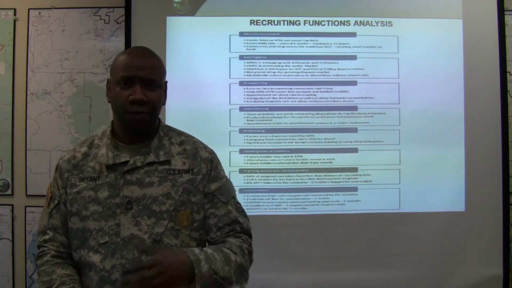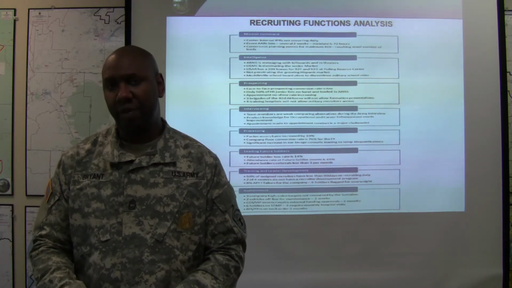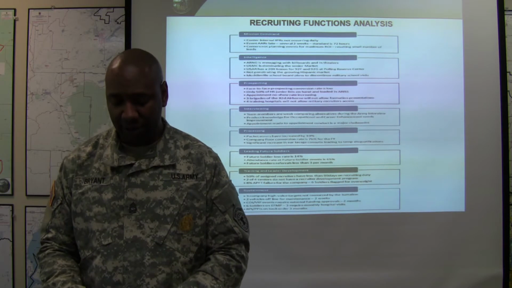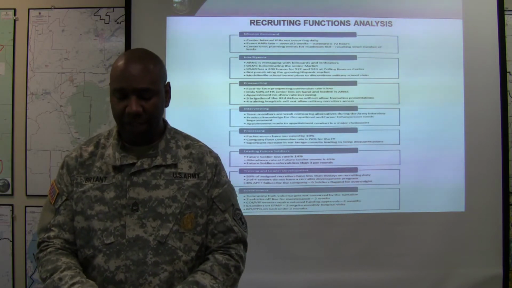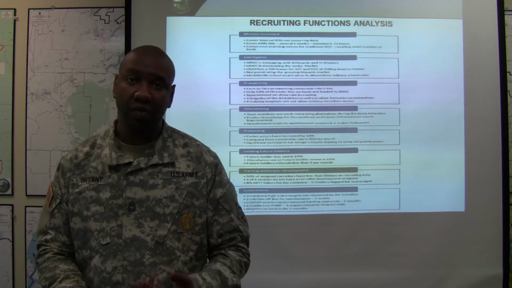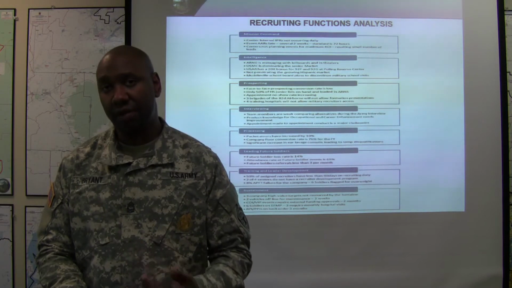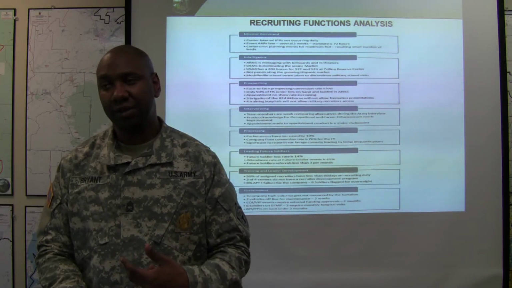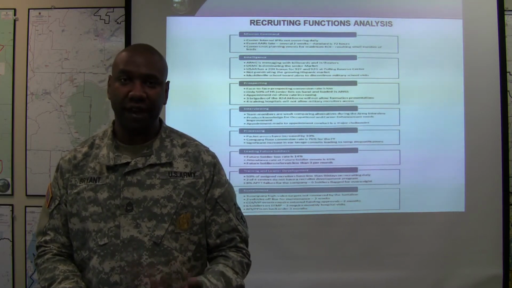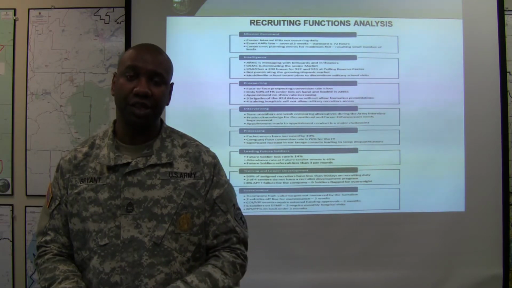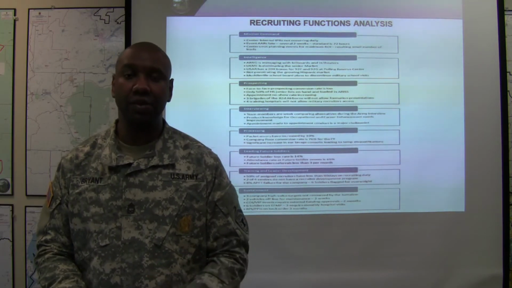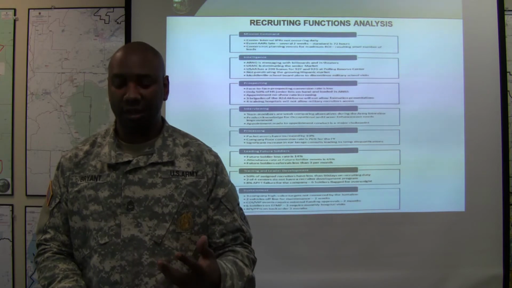Here we have an example of a recruiting functions analysis. You go through each recruiting function and talk about different things that affect your capabilities as it pertains to the function.